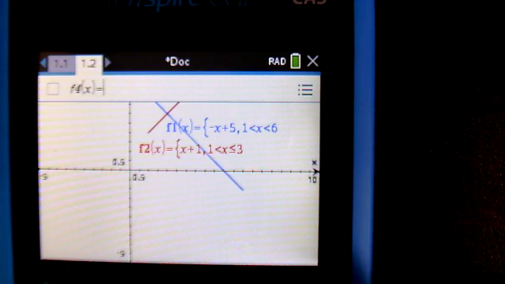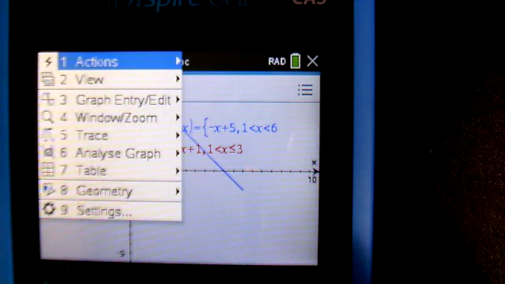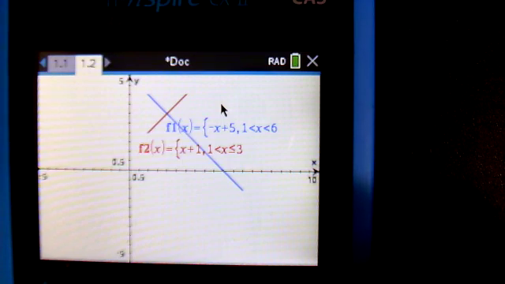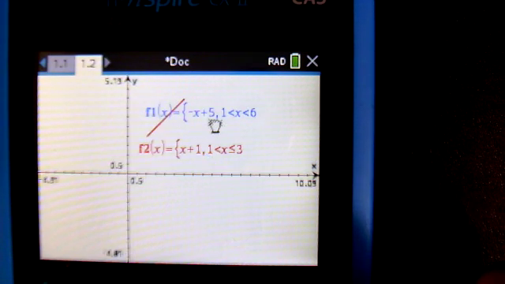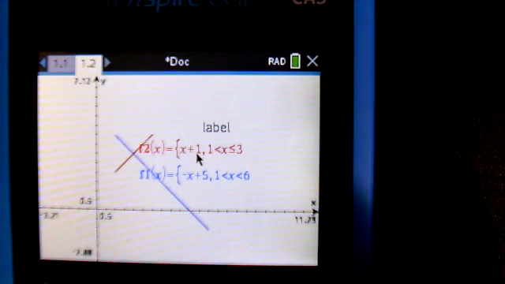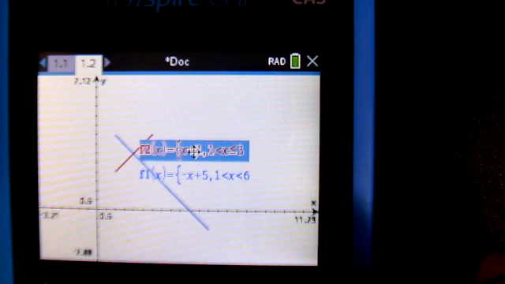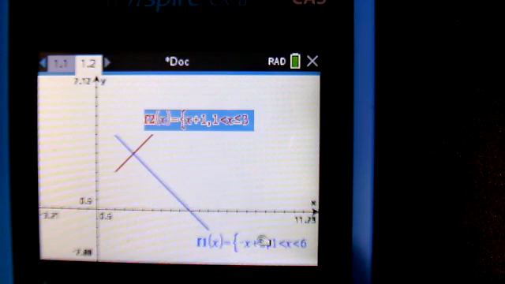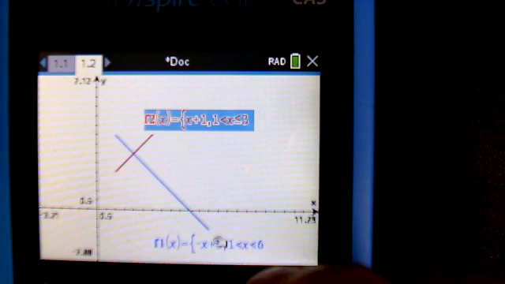Goodness sakes, come on. Okay, so I've moved my labels out the way so I can see things a bit more clearly.